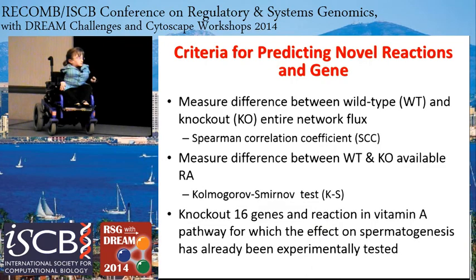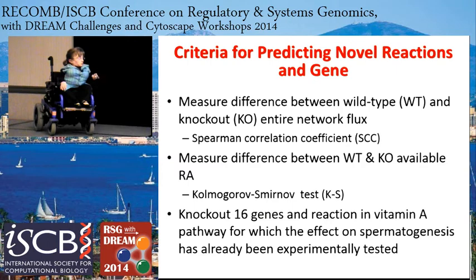We next wanted to set up thresholds. Thresholds are criteria to accurately predict which genes are going to cause a spermatogenic defect and a misregulation of that RA pulse. So we knocked out 16 genes and reactions in the vitamin A pathway for which the effect on spermatogenesis had already been experimentally tested.